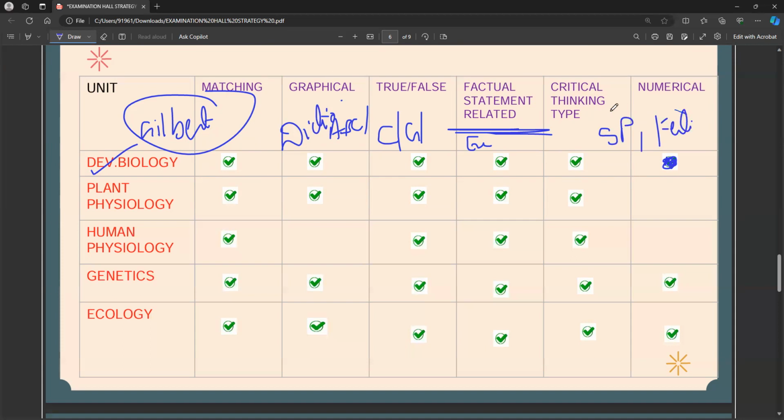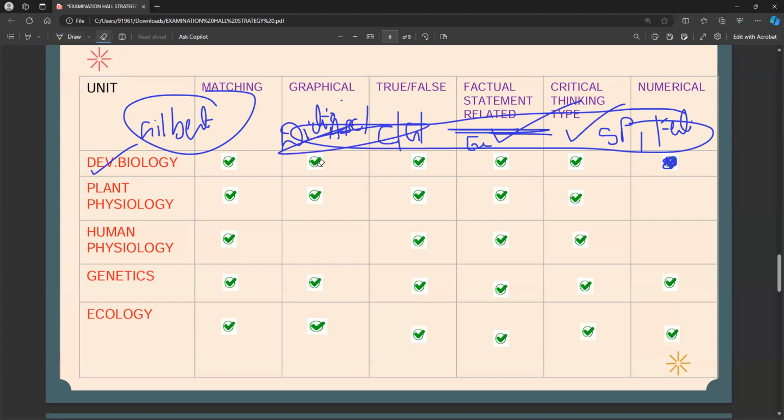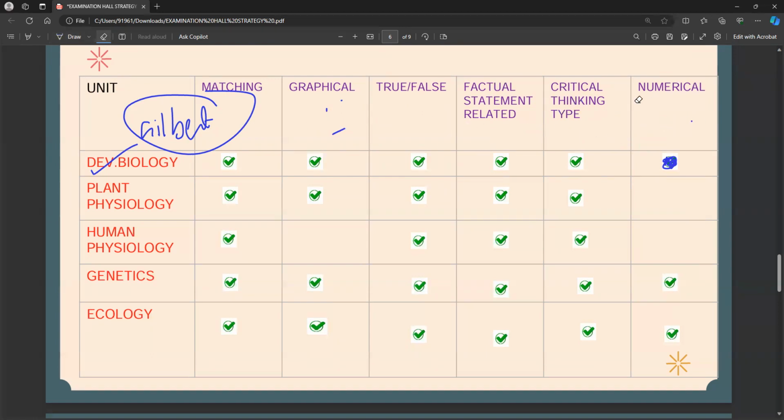You can believe that even 4 questions can come from factual statements or critical thinking only.